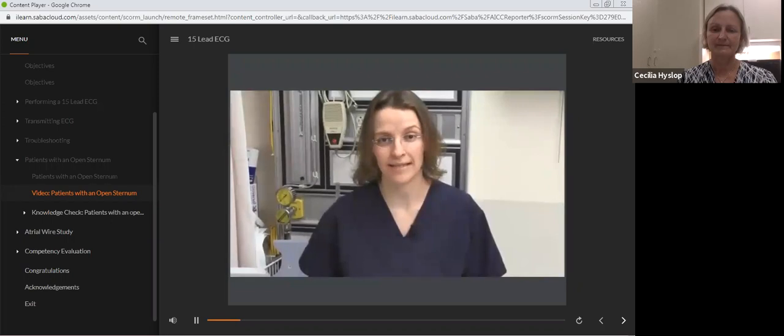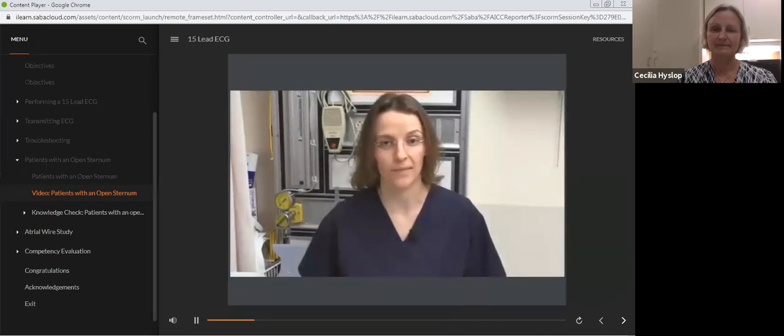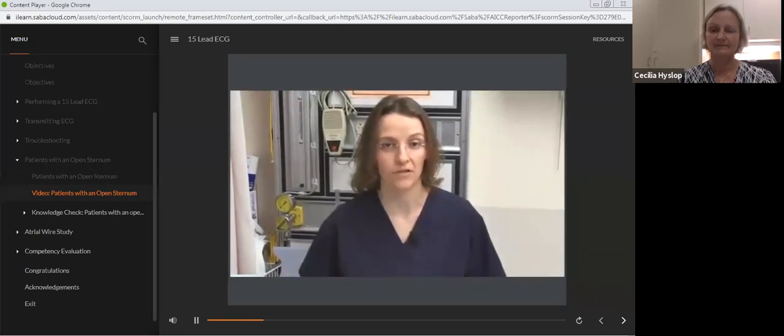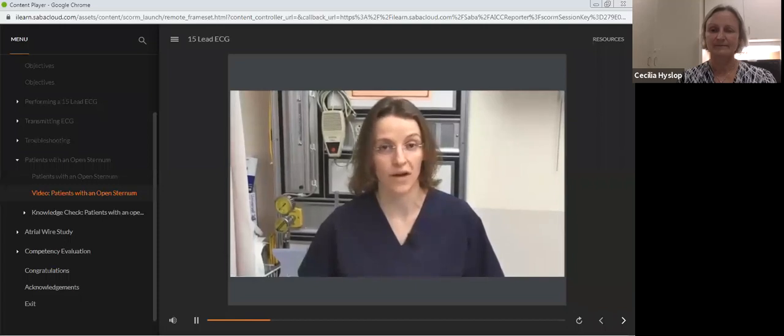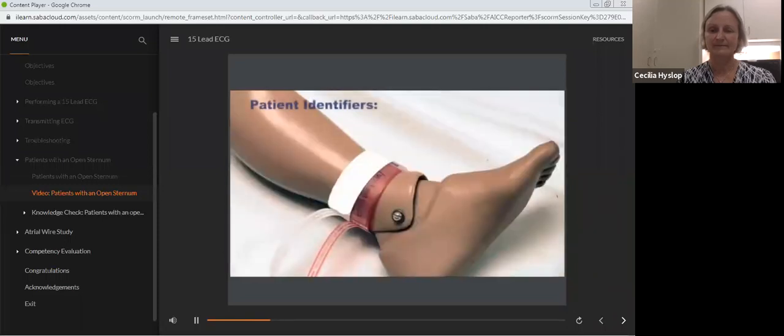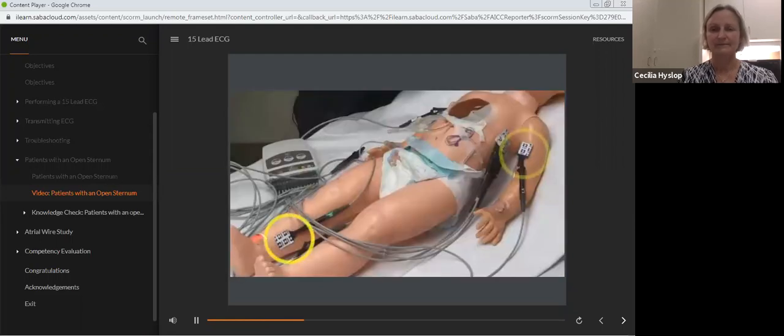For this segment, we'll be discussing performing ECGs on patients with open sternum, sternal dressings, and atrial wire studies. Independent of patient situation, you need to ensure 2 patient identifiers, and you must place the limb leads on both the arms and the legs.